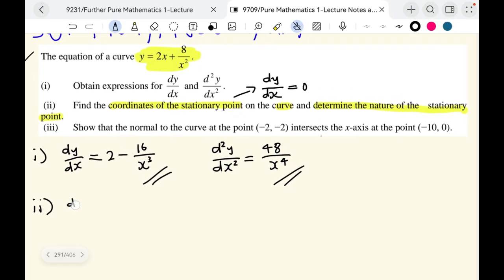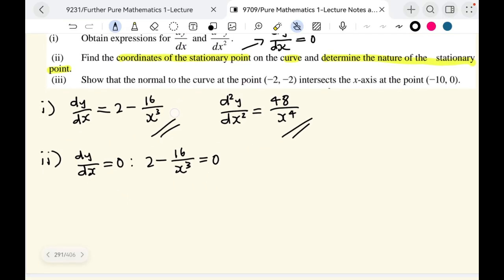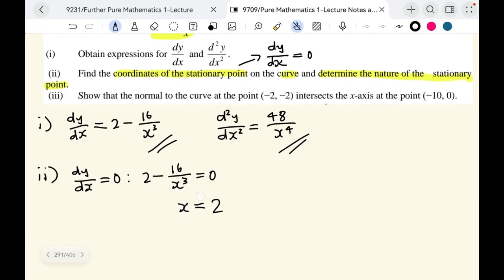Okay, now set your first derivative equal to 0. You will get these equations. Okay, now solve for x, which you will get 2. So 2 is the x coordinate of the stationary point.